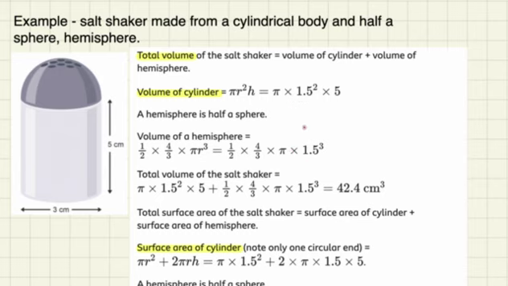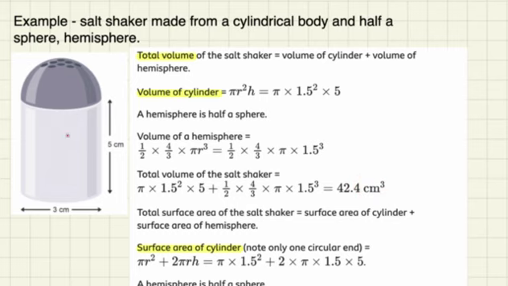R we worked out previously was 1.5, so cubed. And so the total volume of this shaker, the top and the bottom, is this value here plus this value here. When you do the mathematics, substituting pi for 3.14, you get this sort of value. And because it's volume, and it's in centimetres here, it's cubic centimetres.